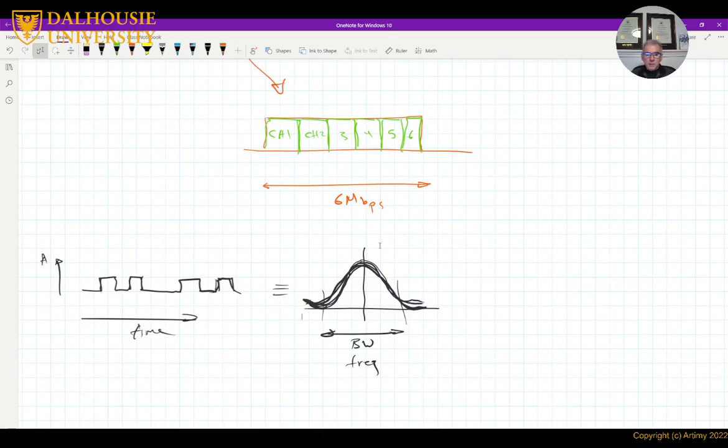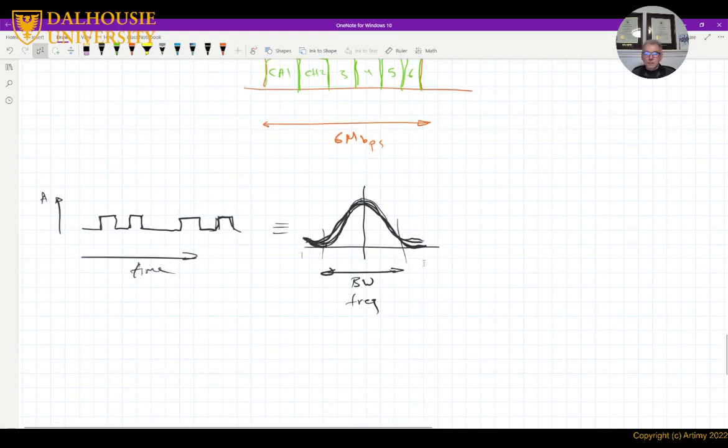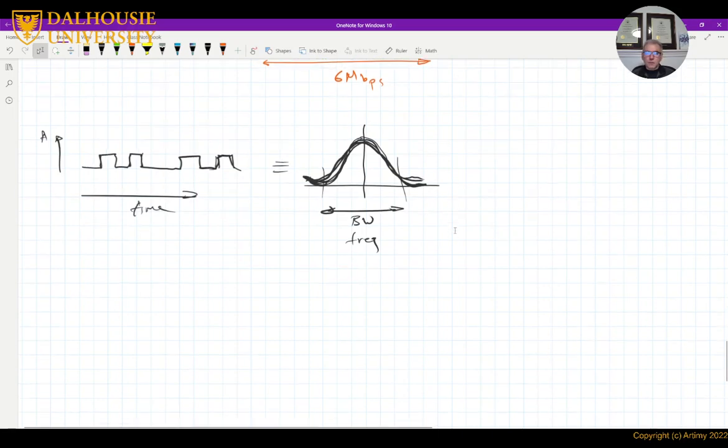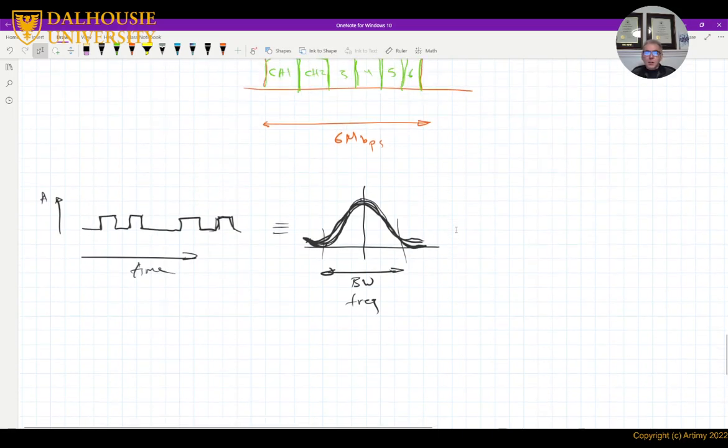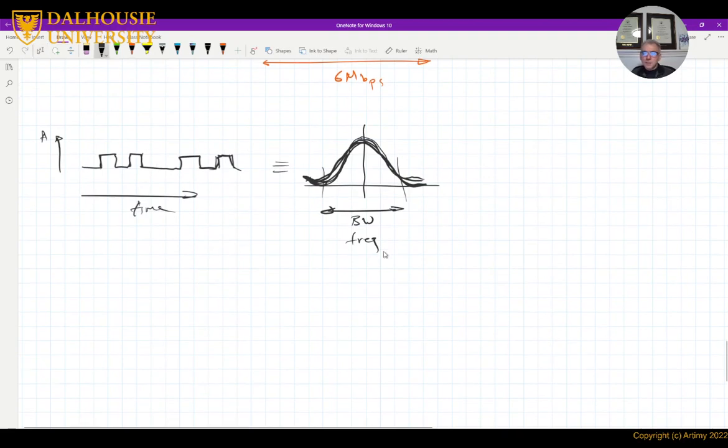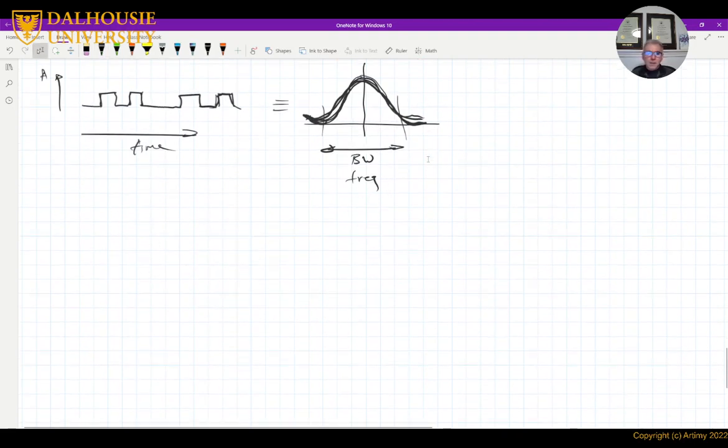Which is not good because they will cancel each other out or destroy each other. So what we need to do is, if we have, let's say, pair 1, pair 2, pair 3, and 4, and so on, each one of them generates a bandwidth like this.